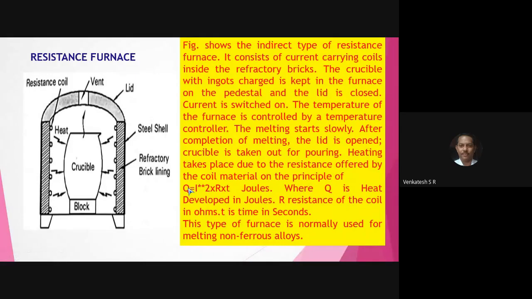So this is very, very important. Usually we use this principle of current to develop electric power, Q equal to I square R T, where Q is the heat developed in the circuit.